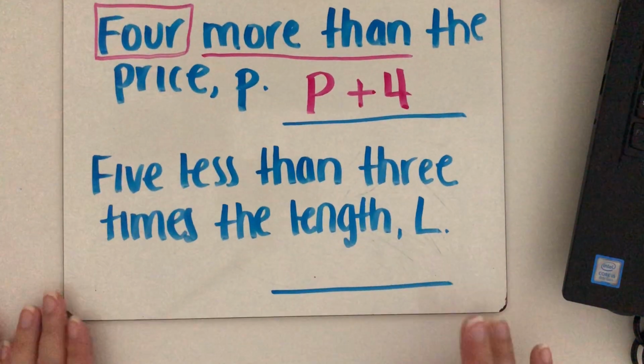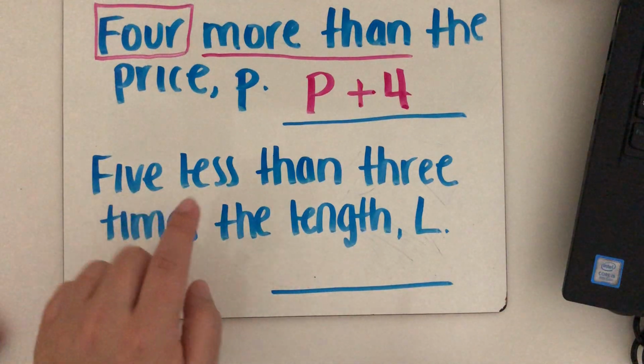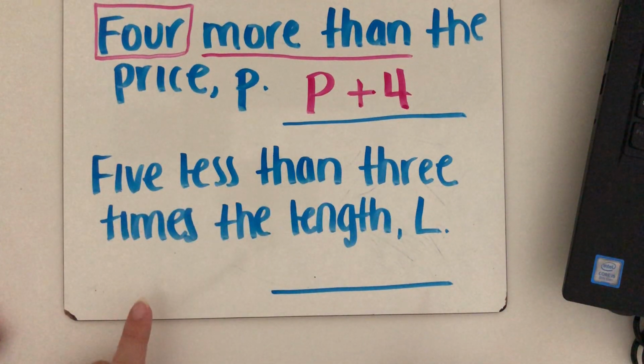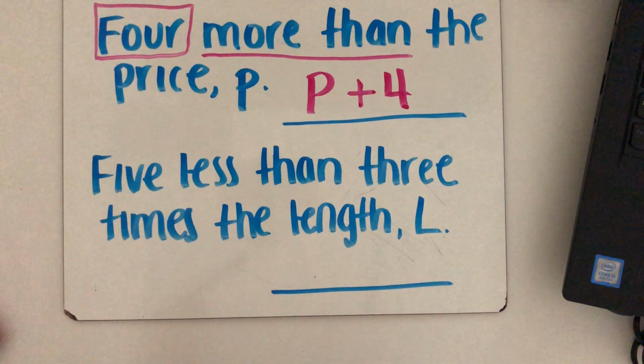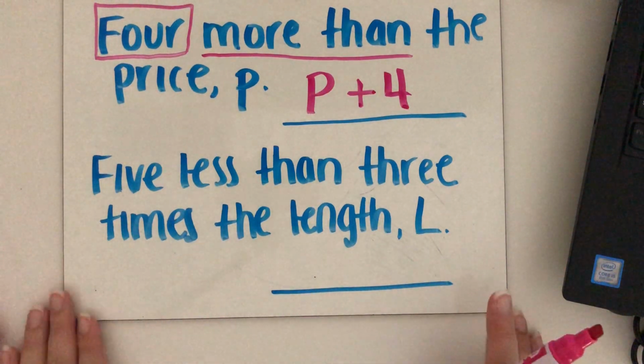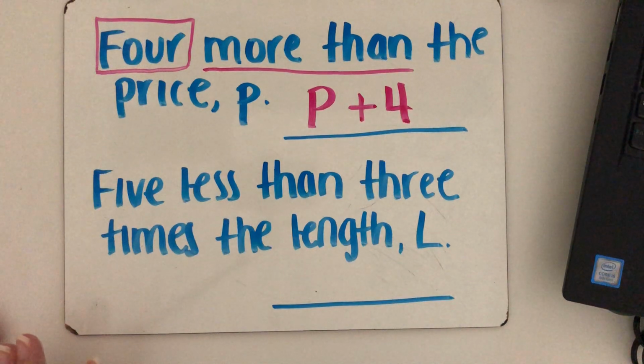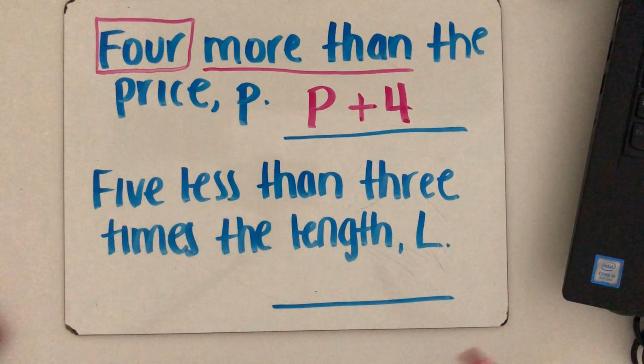Let's take another example. I have 5 less than 3 times the length L. Again, I'm going to figure out what my actual pieces are. If you want, go ahead and pause, figure out what your key pieces are, and then come back.